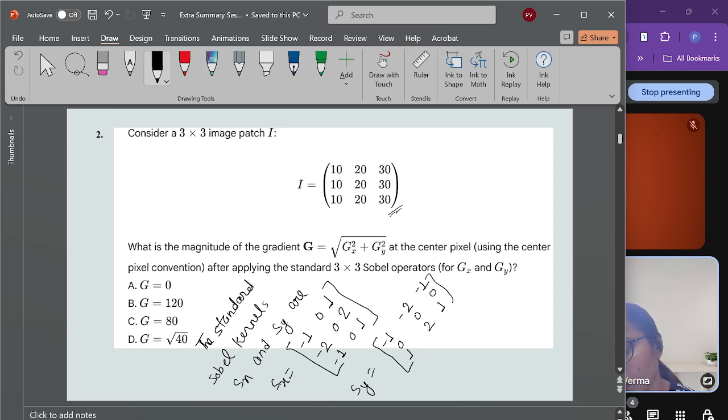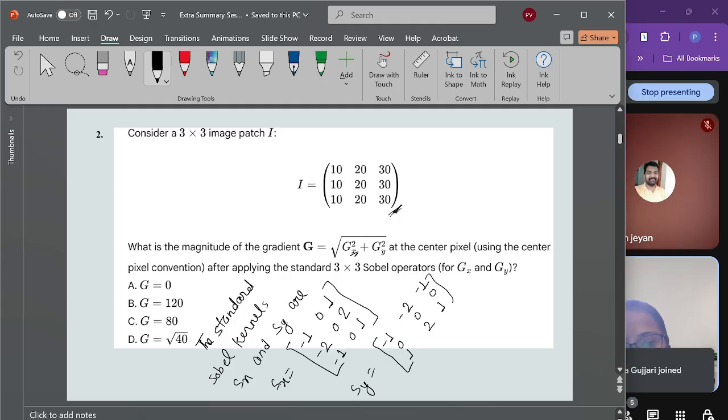Right? So already the image pixels are given, 3 cross 3. Now we have to calculate first gx, the horizontal gradient, and then we will calculate the vertical gradient.